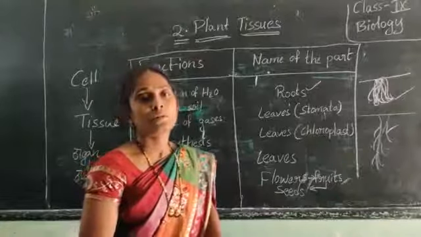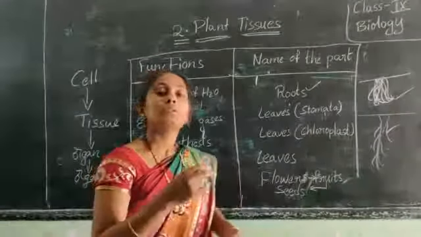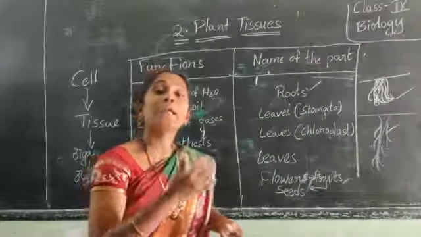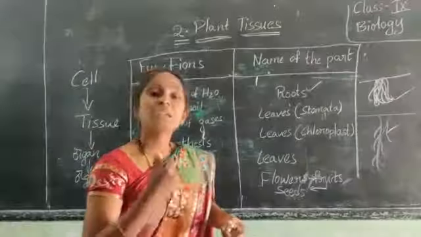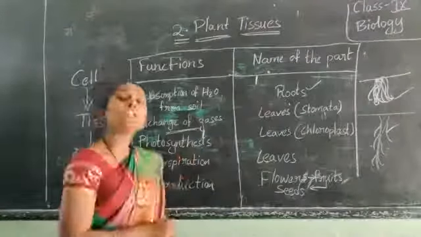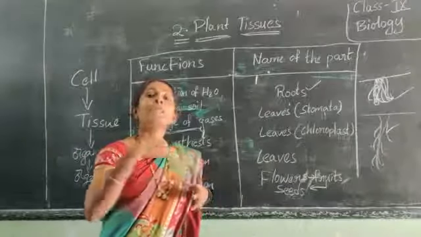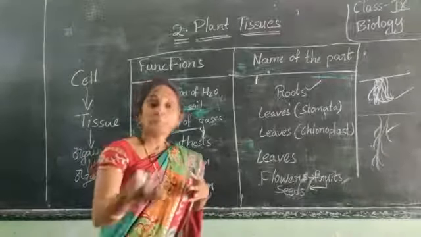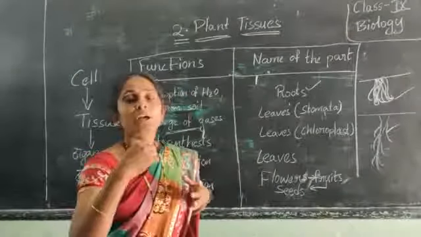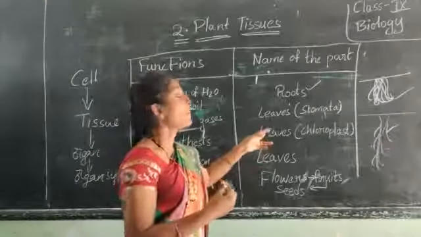Aerial roots. In mangrove plants, the roots help to participate in respiration process. Exchange of gases in the sense, respiration. Carbon dioxide is absorbed by the plants and oxygen is released during daytime. That is exchange of gases.